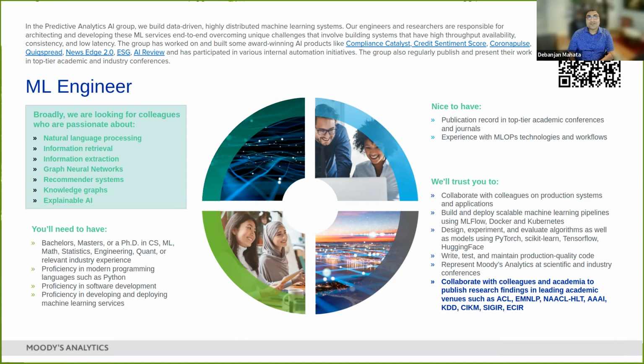So we're very interested to work on knowledge graphs and graph neural networks. Since we operate in the financial domain, explainability and interpretability of our models are very important. So we're very interested to hire people who can work on explainable AI as well. So I think that's where I would like to end.